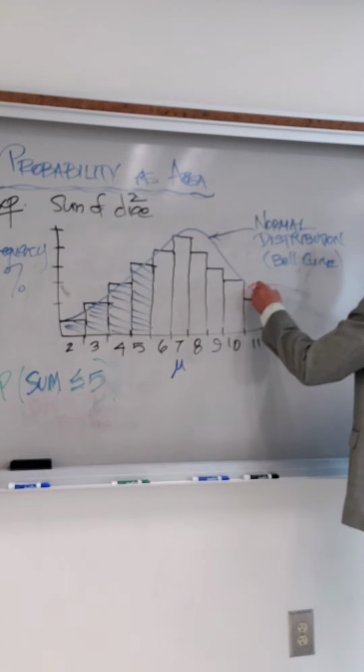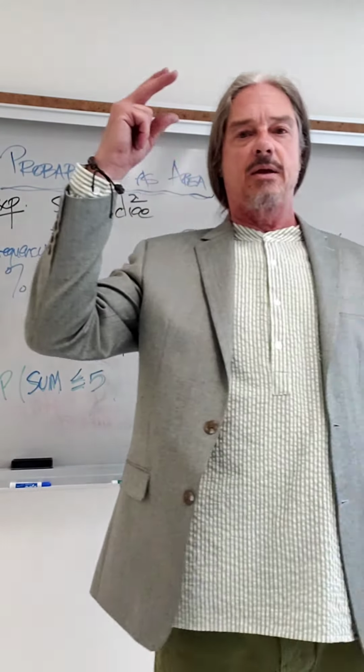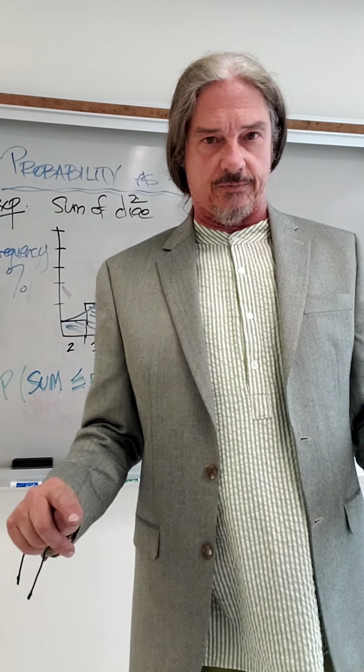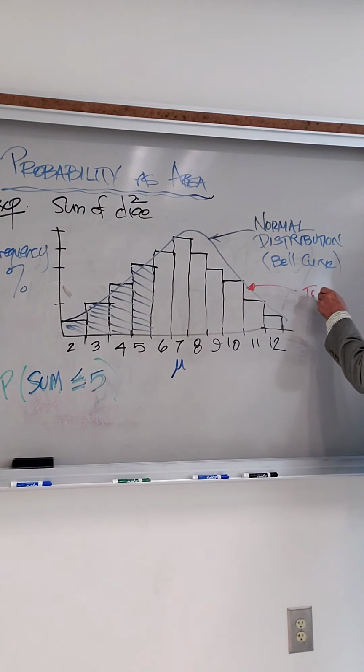We're going to need this information when I come back on Wednesday because we're going to talk about the normal distribution in much more detail, the bell curve. Your job right now is to remember that the area under the curve is the probability.